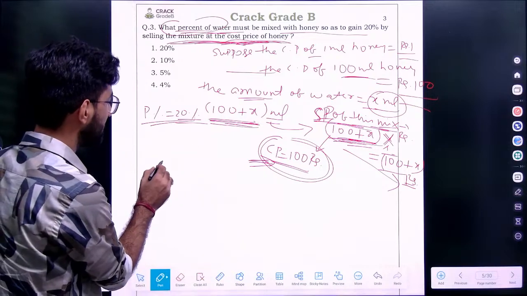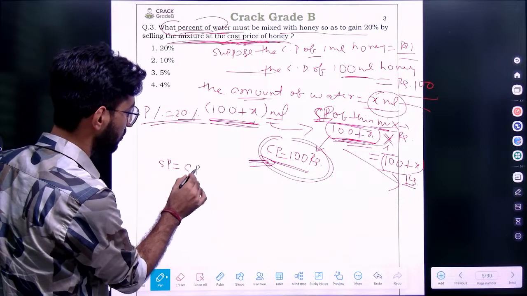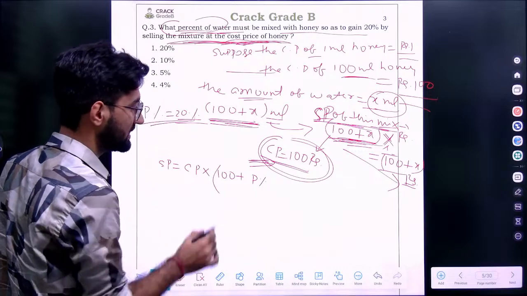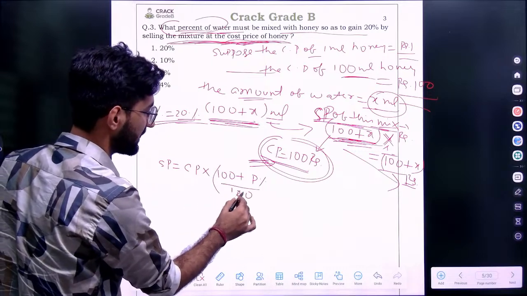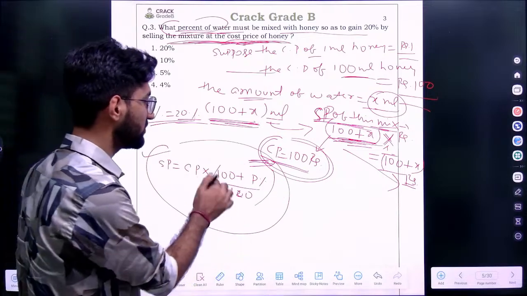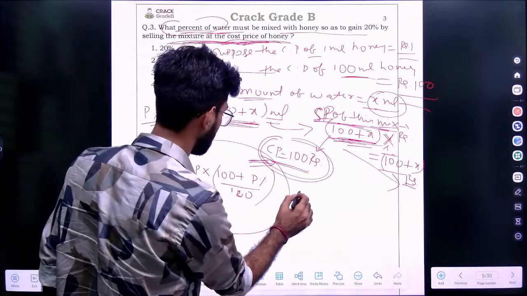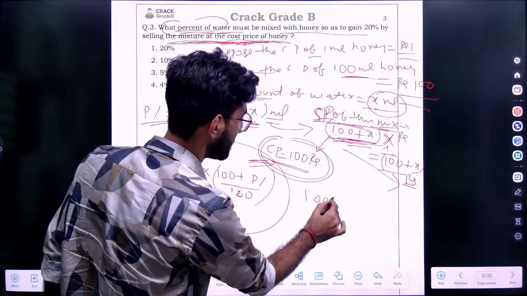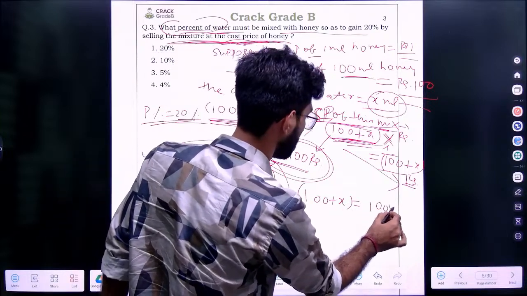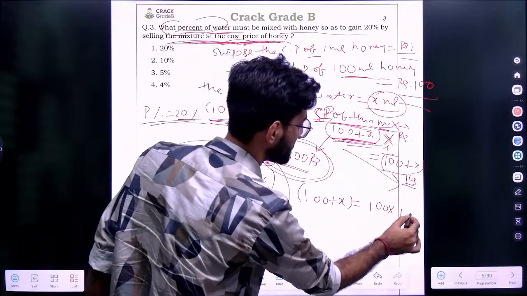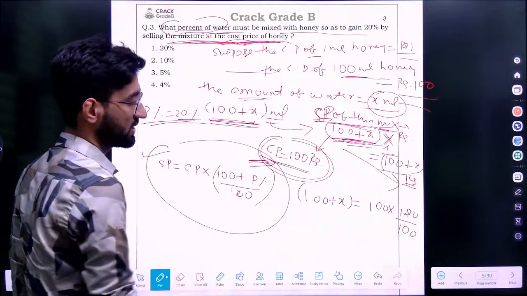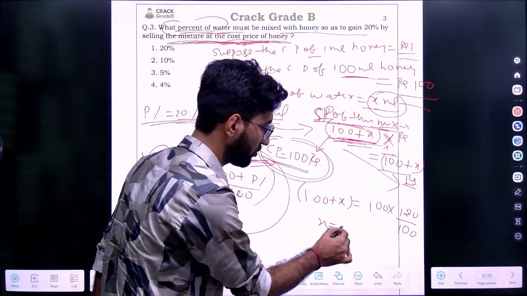So remember, selling price is equal to cost price into 100 plus profit percentage, divided by 100. If you use this formula, you can write 100 plus x equal to 100 into 120 divided by 100, and if you solve this equation, you will get x equal to 20 ml.